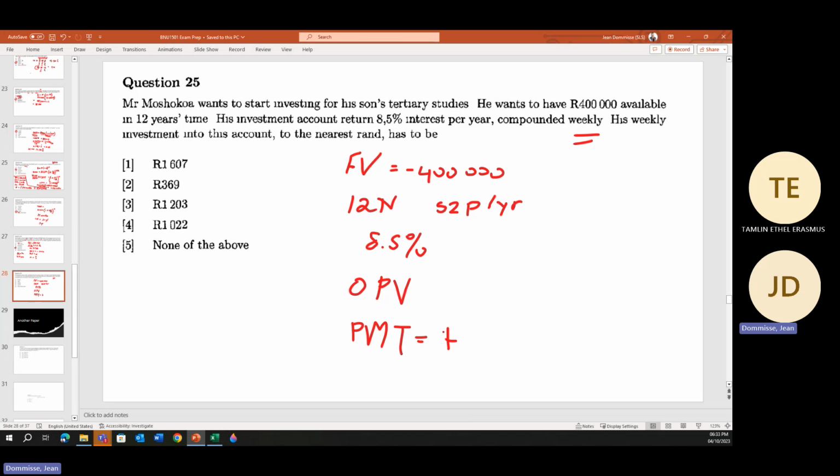So 52 times per year. We're going to make payments for 12 years.